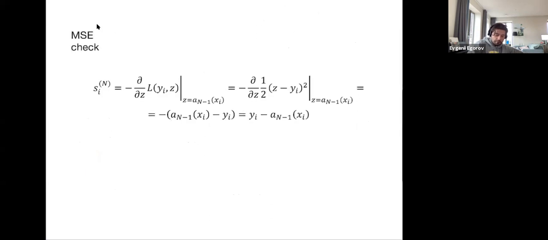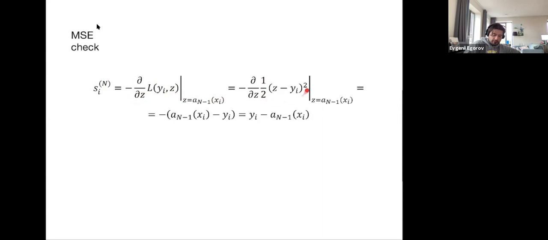Okay, so let's check that what we have done is the same for MSE loss, because otherwise it would be strange if we obtained different results with this approach. Residuals are the gradient of the loss function with respect to the answers of previous ensemble members.